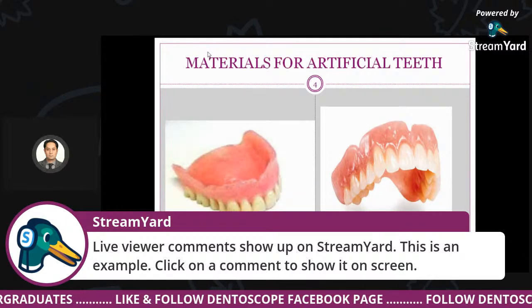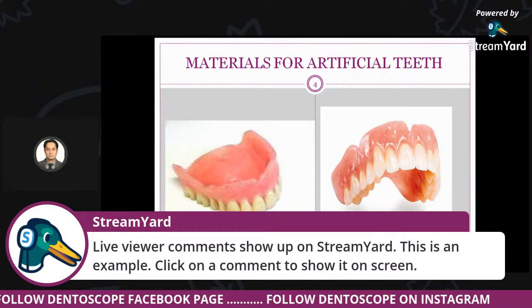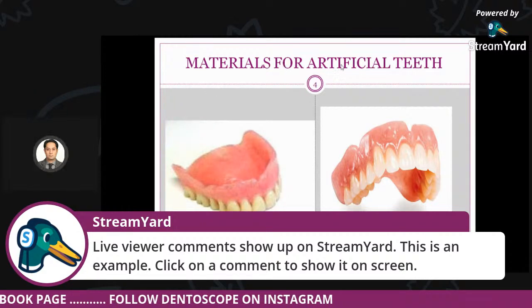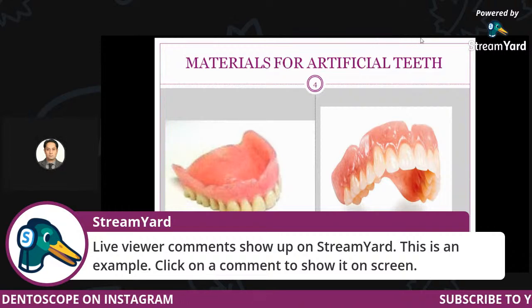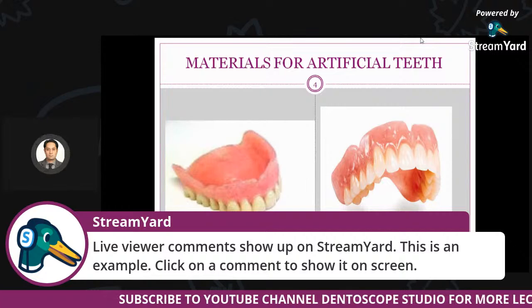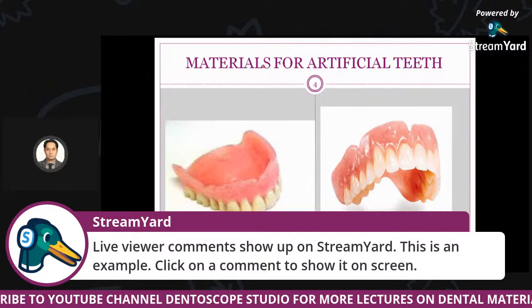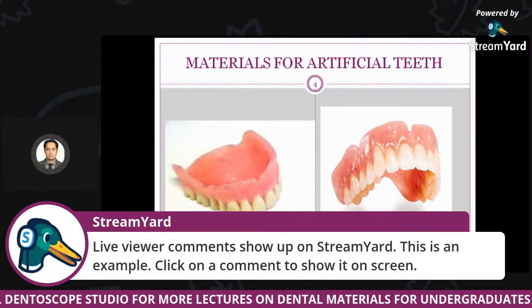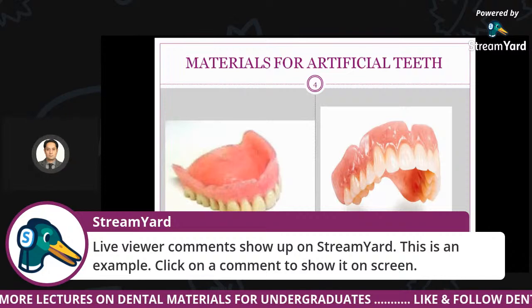So there are two types of artificial teeth that we use in dentistry. Number one is the acrylic teeth, and number two is the porcelain teeth. Both these types of artificial teeth are from two different groups.